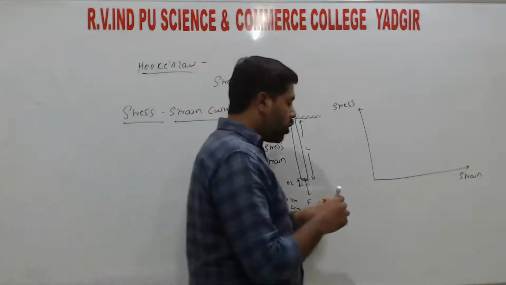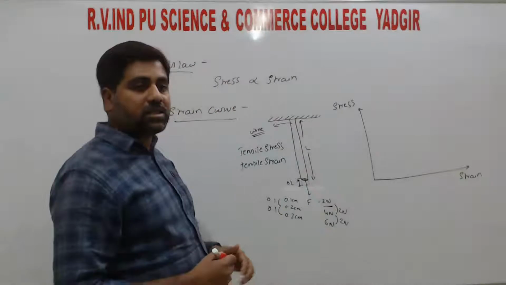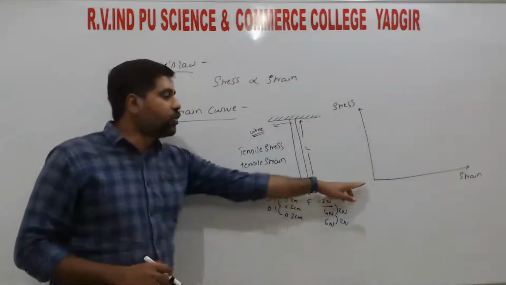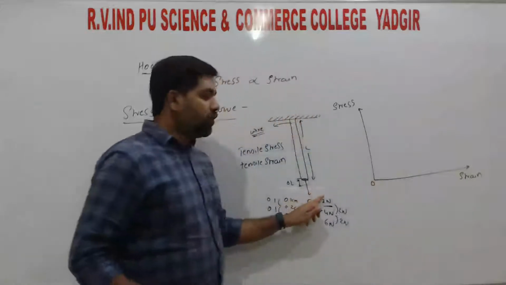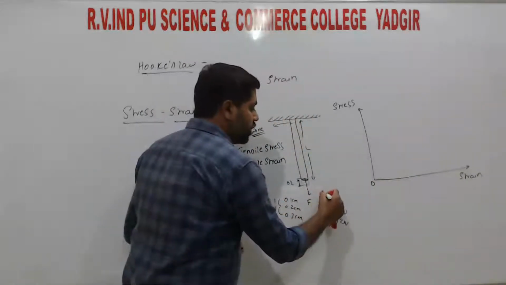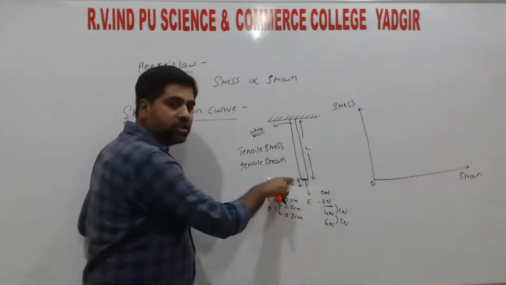So hence when we plot the curve for the stress and strain, we get a linear curve that starts from 0, that is from the origin O, right? Why? Because initially the force is 0 Newton. So here no force is acting, then there is no strain, right?